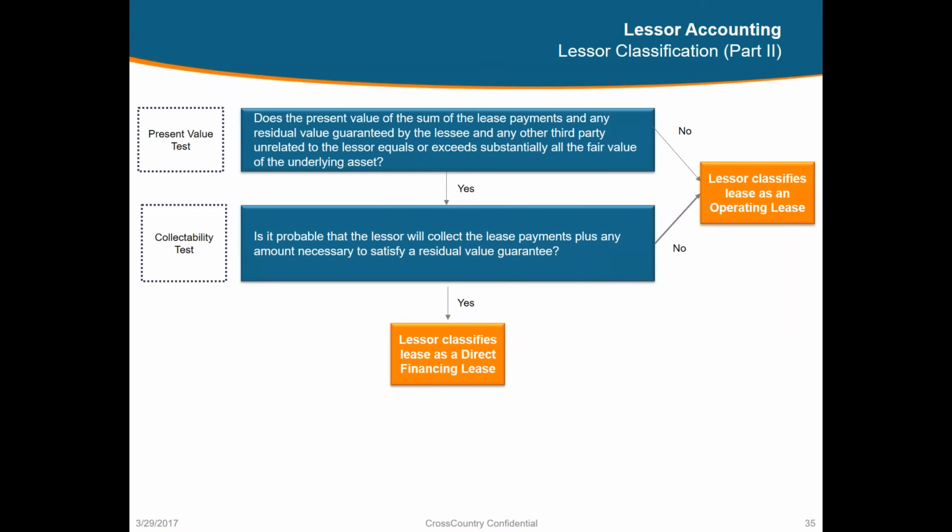Unlike Part 1 of the classification test, the present value test in Part 2 includes any residual value guarantees by third parties unrelated to the lessor, thus making it more likely that the present value criteria will be met. If the criteria is not met, the lease is classified as an operating lease.